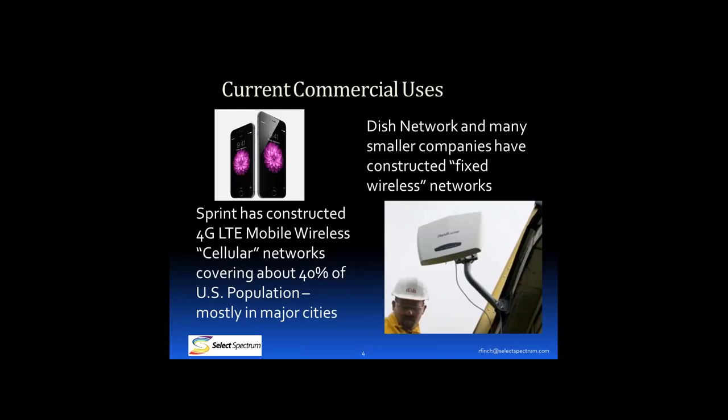They cover, I think, over 90% when you count their other frequencies. But these higher frequencies are being used to provide very high capacity data, and Sprint primarily uses those in major cities. In addition, we have multiple smaller companies, including Dish Network, not such a small company, but a well-known example, that have built fixed wireless networks.